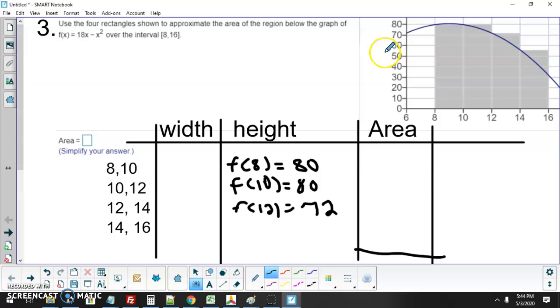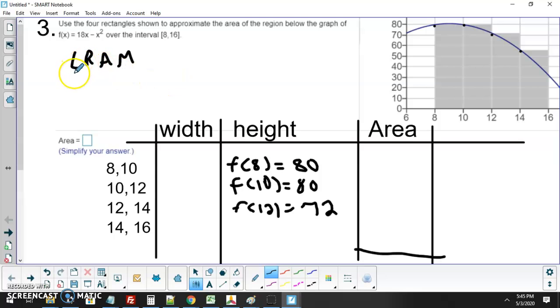So you want to look at it and think, which method am I using? Am I using the left rectangular approximation method or the right rectangular approximation method? If you look at these rectangles, you see the top left corner is touching the curve. So that tells you that I am using the LRAM, or the left rectangle approximation method.